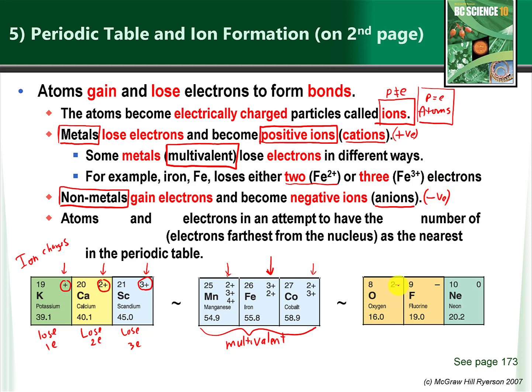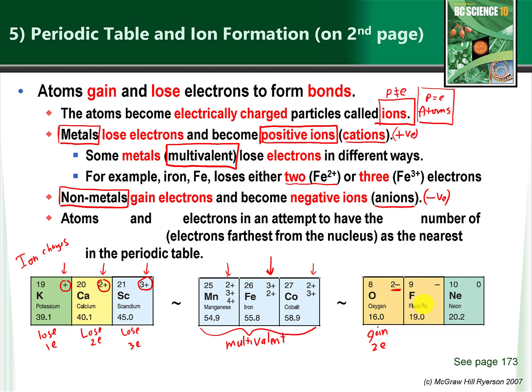So this one has oxygen here, with a -2 charge, so it has gained 2 electrons, because then it has 2 more electrons than the protons. The protons don't change. Oxygen always has 8 protons.